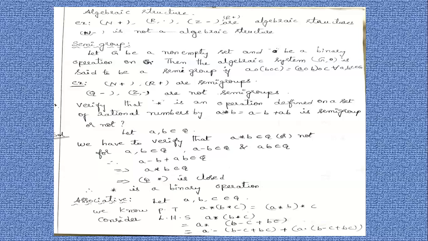Therefore a star b belongs to Q for all a, b belongs to Q. This implies Q is closed under star. Therefore star is a binary operation.